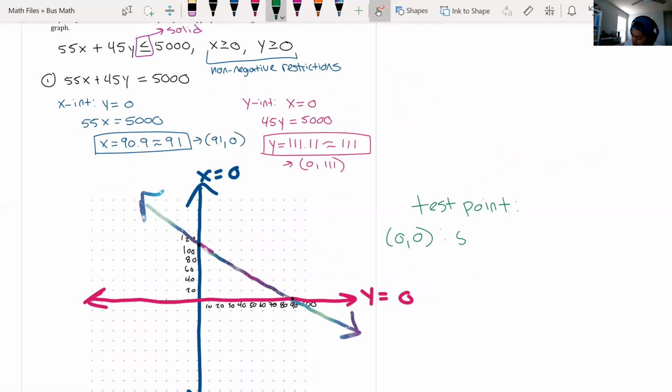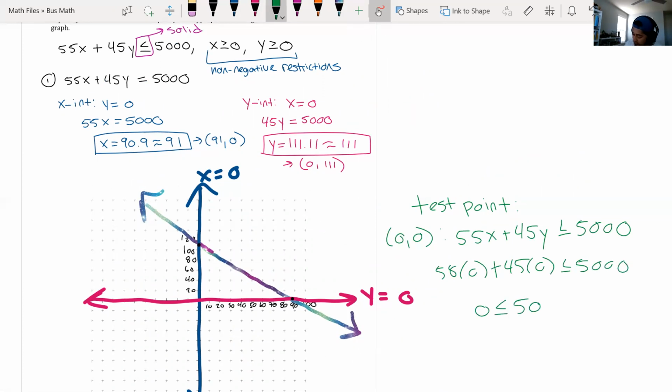I'll rewrite it here: 55x plus 45y less than or equal to 5,000. And then you plug in 0 for both. 55 times 0 plus 45 times 0 less than or equal to 5,000. And we get 0 less than or equal to 5,000. Is that a true statement?